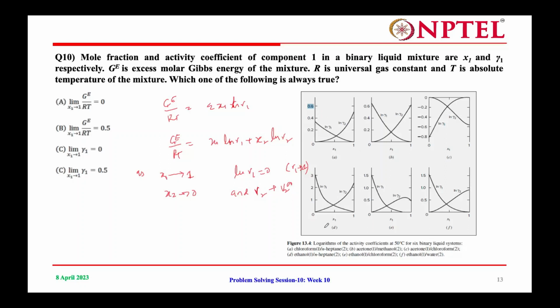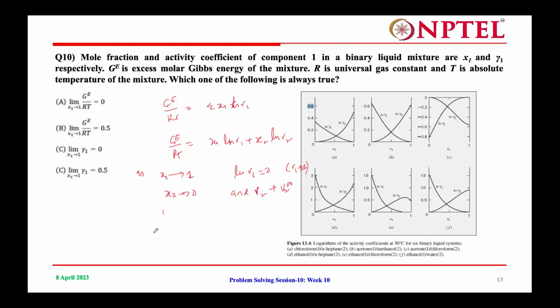So here check the graph for activity coefficients at 50 degrees for six binary liquid systems. Here when x1 tends to 1, ln gamma 1 tends to 0, here also 0. And ln gamma 2 also tends to 0 at its own limit.